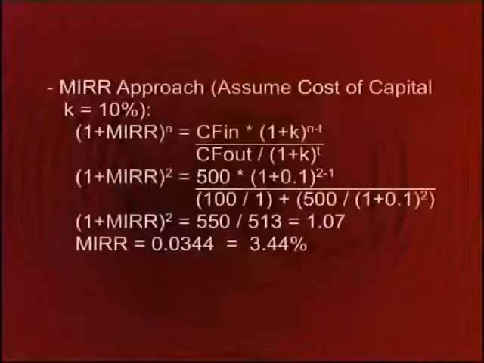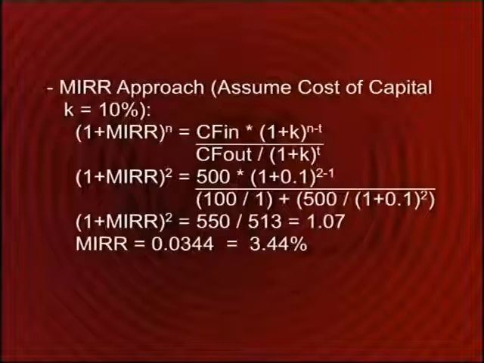And there was a formula that I had mentioned earlier, and that is 1 plus MIRR raised to the power n is equal to the sum of the cash inflows multiplied by the compound factor, which is 1 plus I raised to the power n minus t, all divided by the sum of the cash outflows divided by the discount factor, which is 1 plus I raised to the power t.